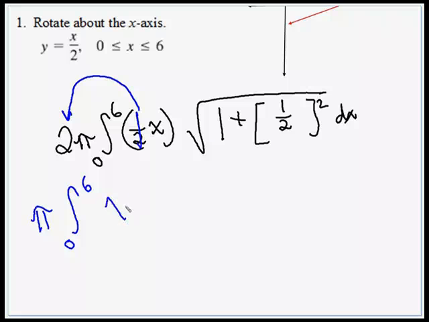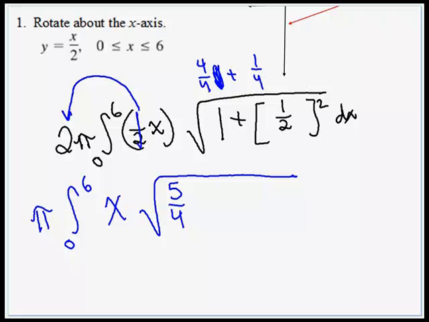We're still going to have an x there. And then, well, let's leave this in radical form. 1 plus 1/2 squared. So that is 1 plus 1/4. And I can rewrite 1 as 4/4. 4/4 plus 1/4 is 5/4. And we can shorten that up. dx.